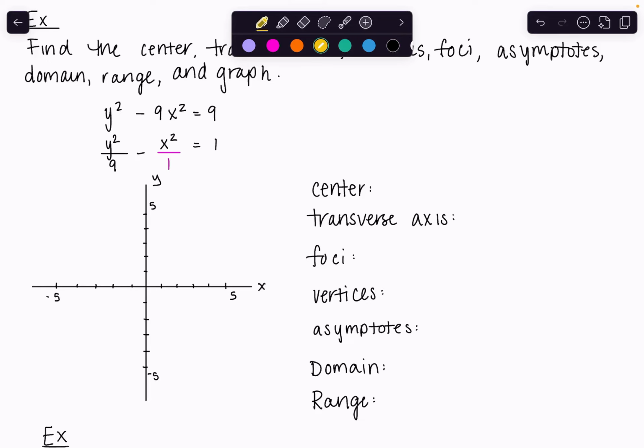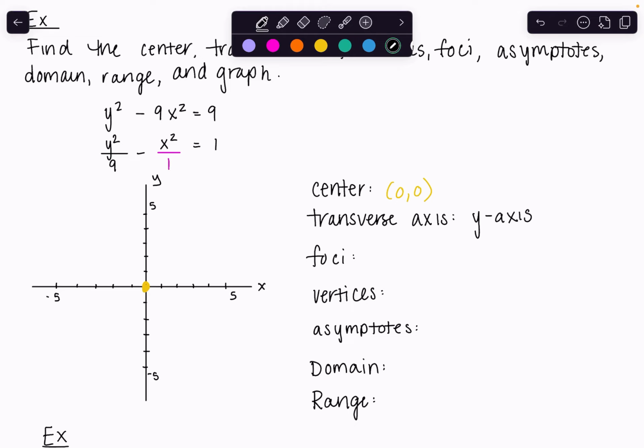So my center is right here at 0, 0. So I can fill that in. Then my y squared is positive, so that tells me it's going to open along the y-axis. So my transverse axis is the y-axis.